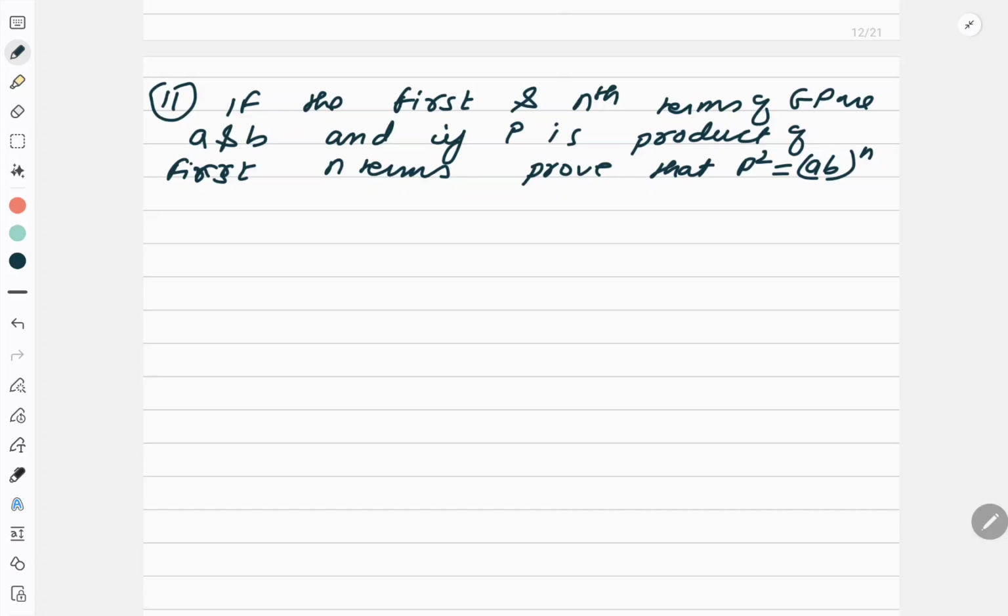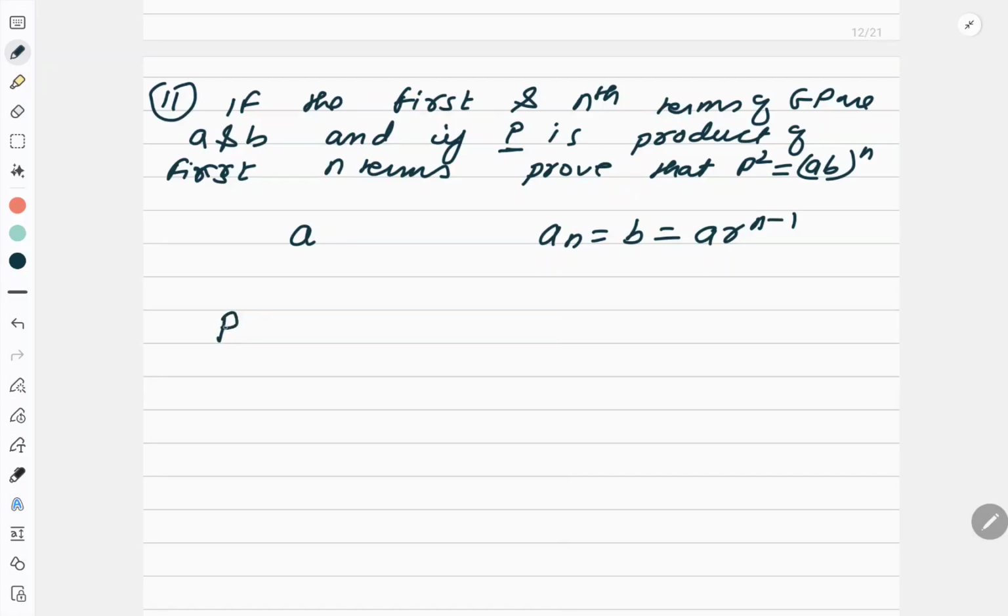Now look at the question. If the first and nth term of a GP are A and B. The first term of GP is A, done. Now they are saying the nth term of GP is B, which means a_n is equal to B, which is equal to A r to the power n minus 1. Correct? The next thing they are saying, if P is the product of the first n terms.